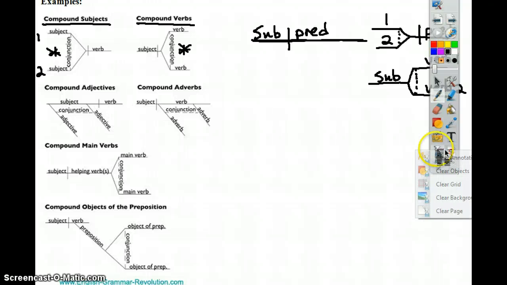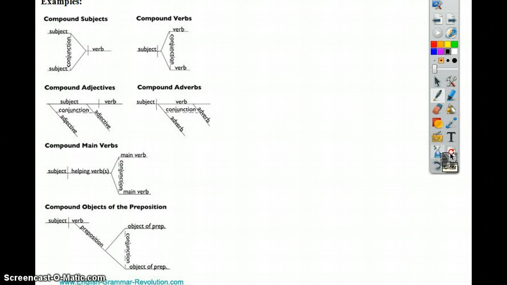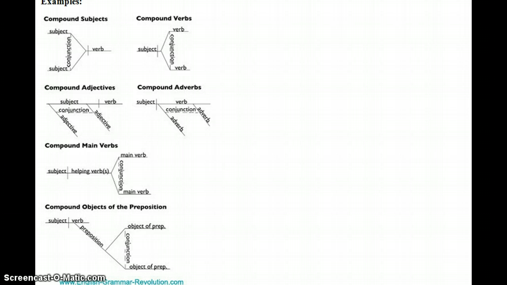Now, let's take a look at the other examples right below. Examples 3 and 4. We have compound adjectives and compound adverbs. They are very similar to each other. The main difference, as you can see, is we know that adjectives modify nouns in sentences or pronouns, and adverbs are modifying those verbs, right? So we know that typically a modifier, we're going a slanted line underneath the word it's intending to modify.